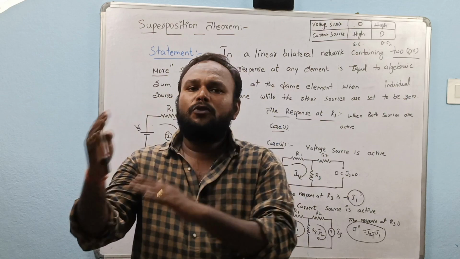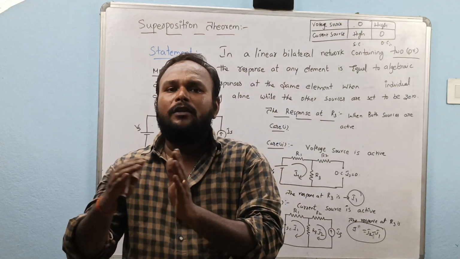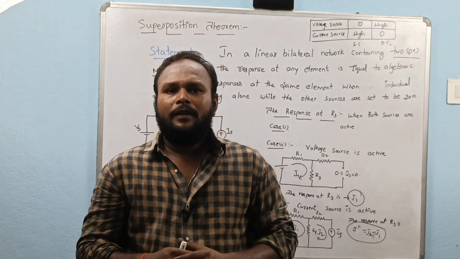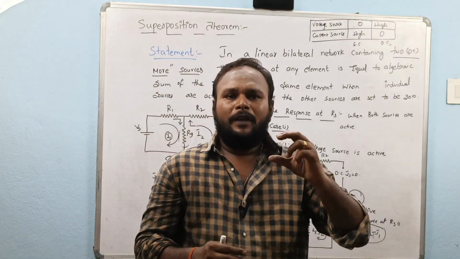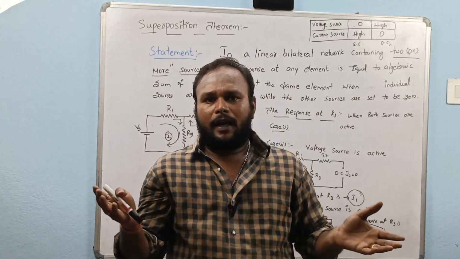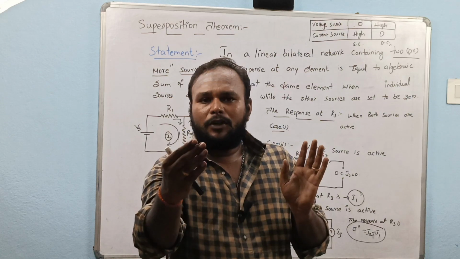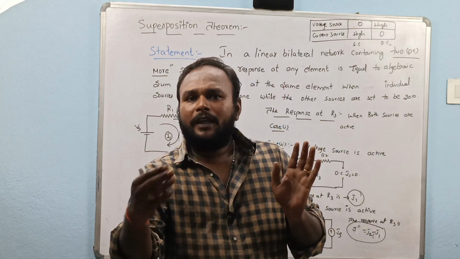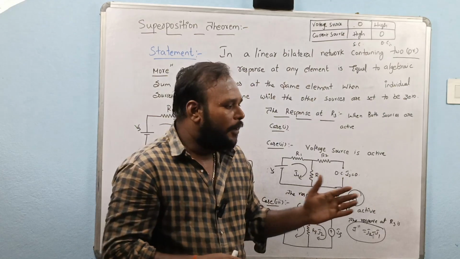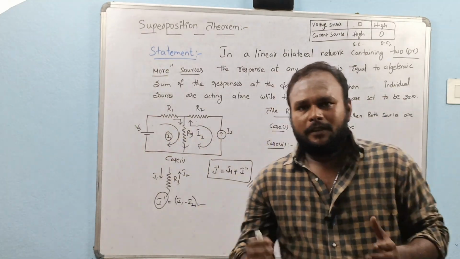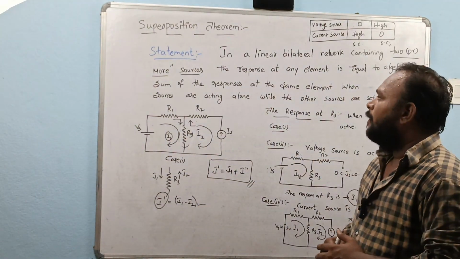Like that, if there are many sources, you can find that many cases. Finally, take the response when all the sources are active and make it equal to the sum of the individual sources' responses. So this is all about the superposition theorem. Okay. Thanks for watching.